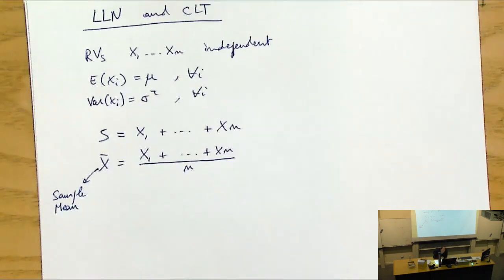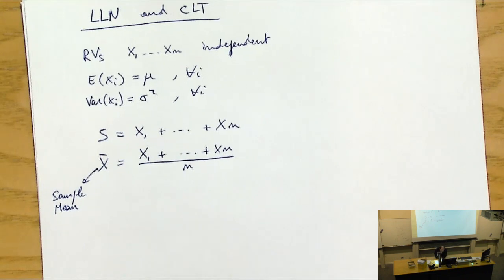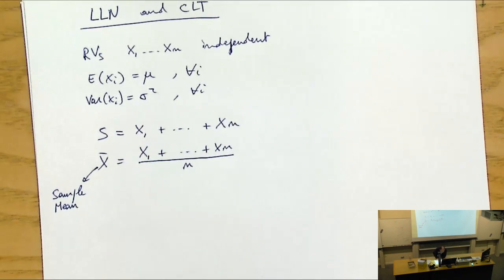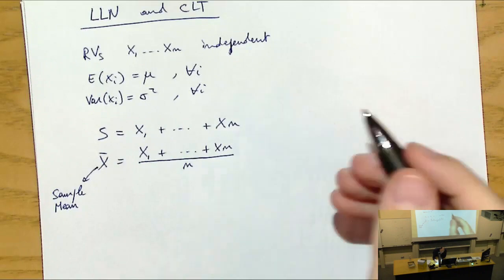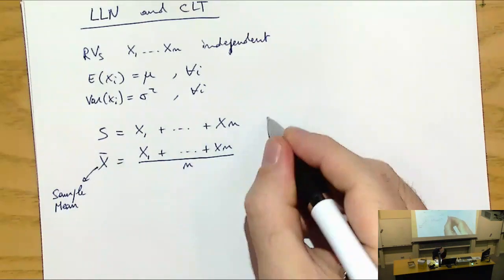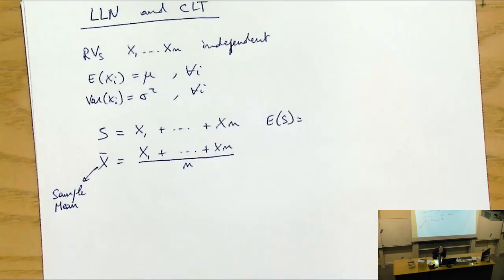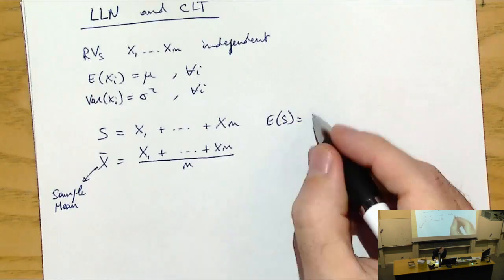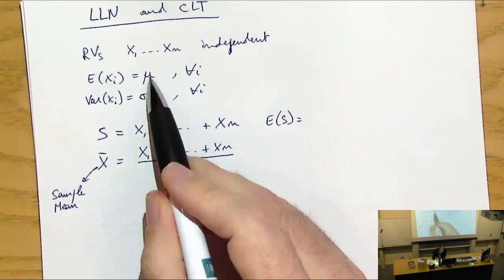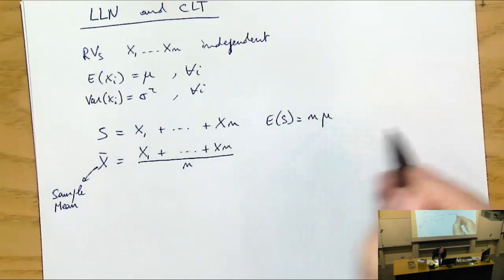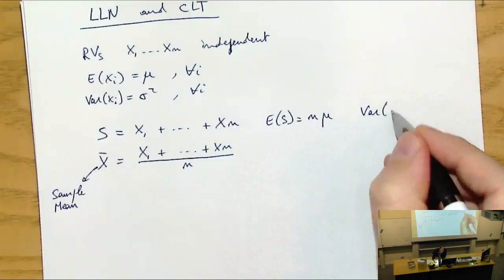What I want to do here is understand what's happening to those two quantities, S and x bar, when n grows. The first thing we can say for finite n is the expectation of S. What is it? You should know by now. They all have the same mean, so it is n mu. What is the variance of S?